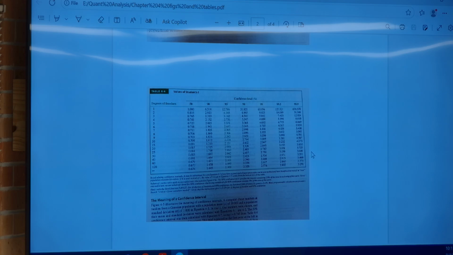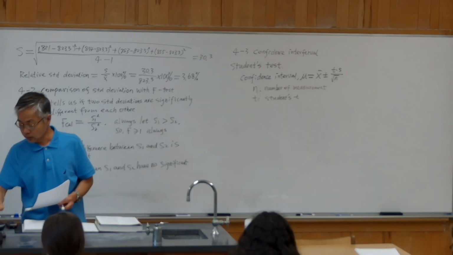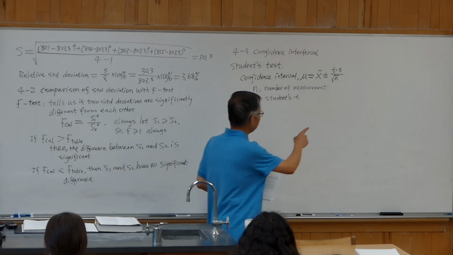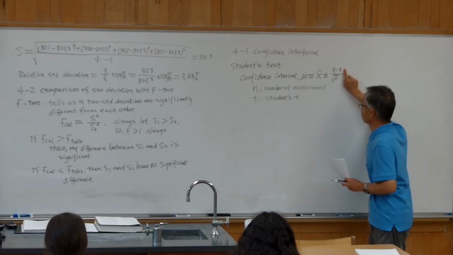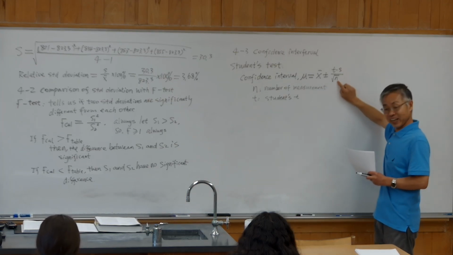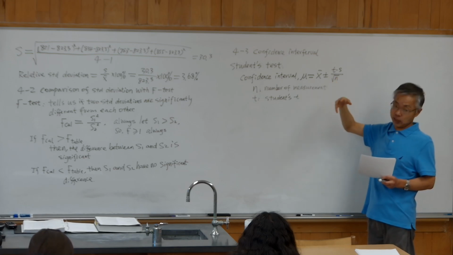Since you already measured, S is already there and never changes. You already measured 6 times, so S is fixed. And N is 6.